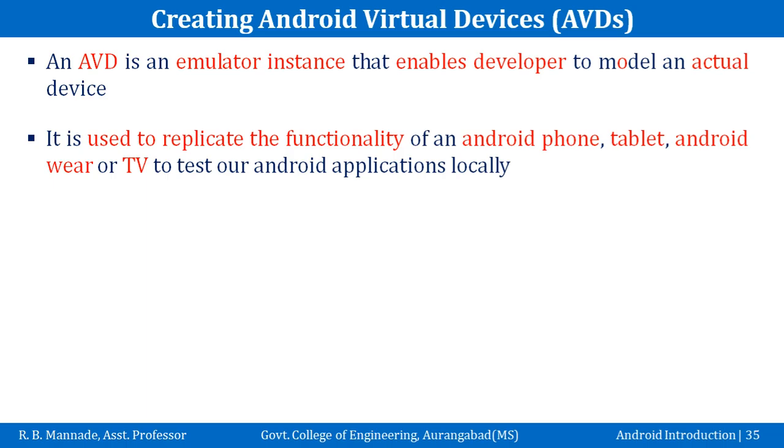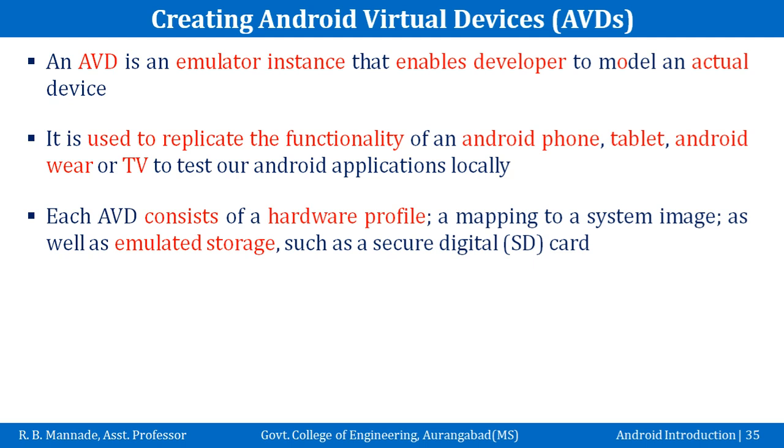An AVD is used to replicate the functionality of an actual Android phone or tablet or Android Wear or TV, to test your Android applications locally when they are in the development phase.